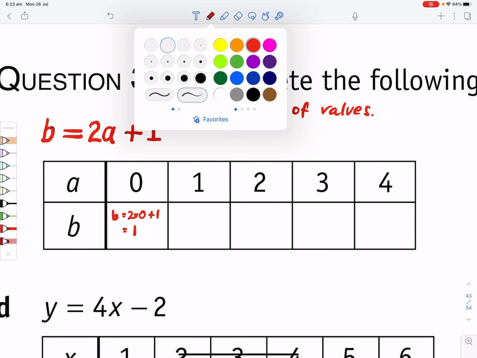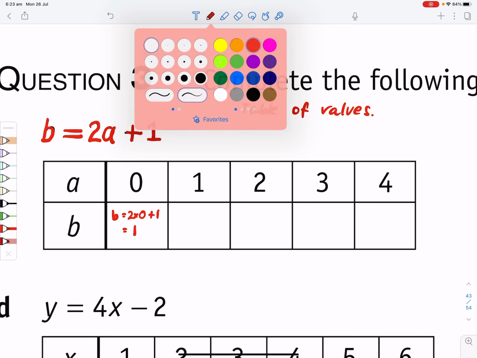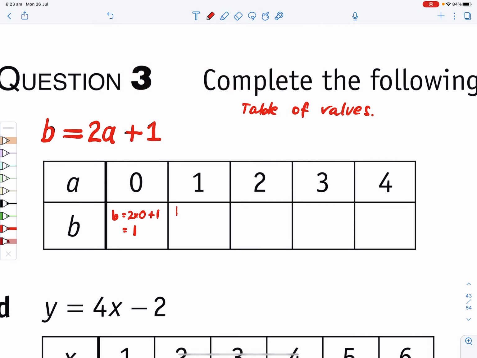Might make my pencil a little bit smaller here. Okay. The next one. B is 2 times A plus 1.